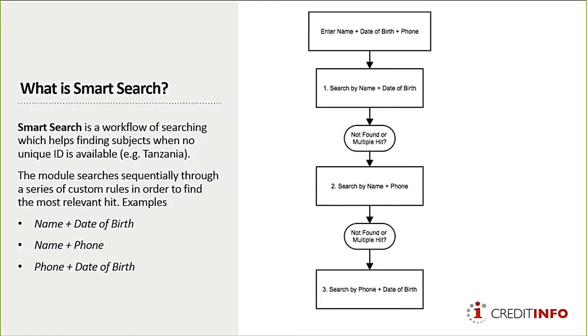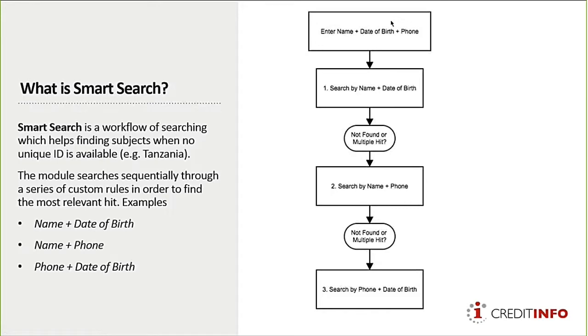So let's take an example from Tanzania, where we have a set of IDs, but none of them serves as unique ID in terms of global usage. So in such a case, we want to help users to get a single hit or most relevant data for their searching.